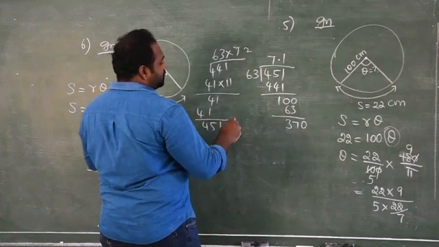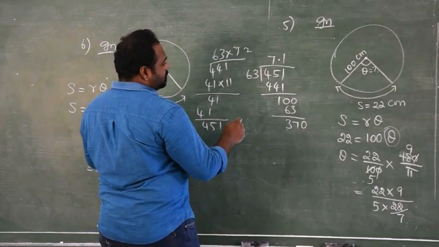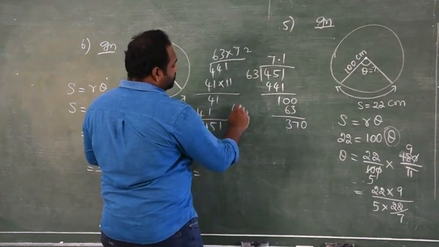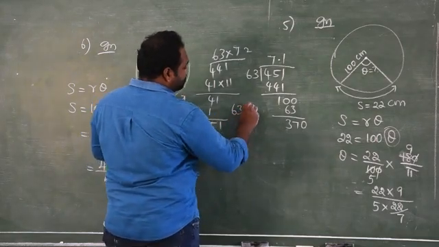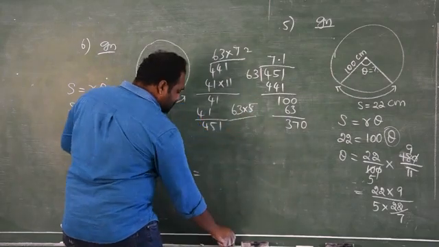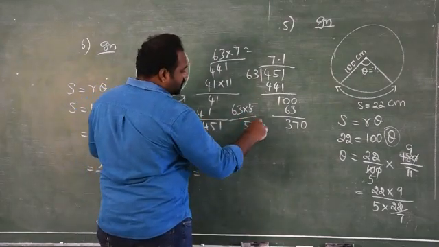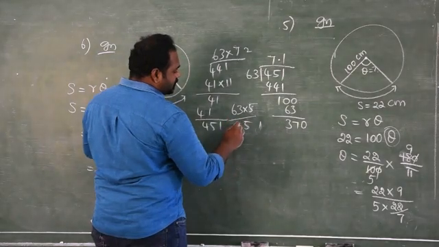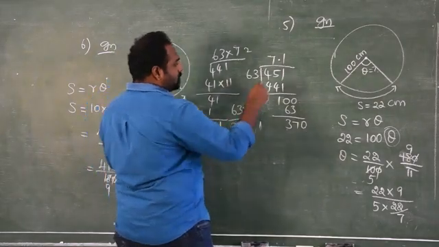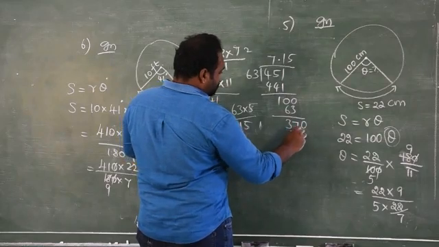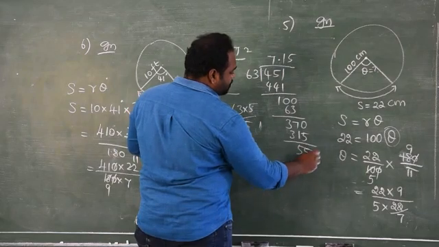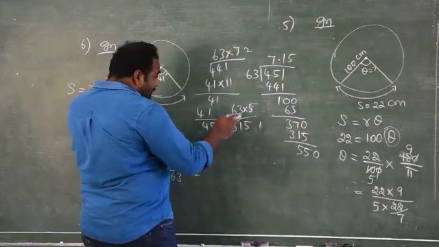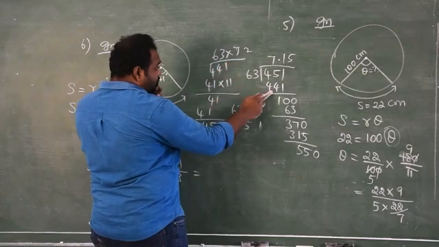How many times? We can have 5 times. 63 into 5, 315, remaining 1. Once again, already 7 times 63 is 441.